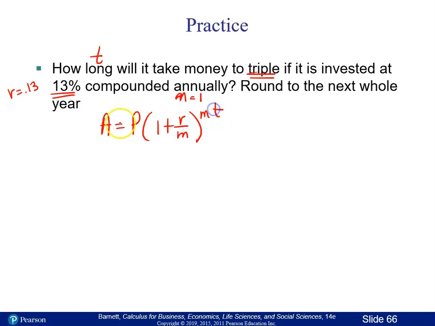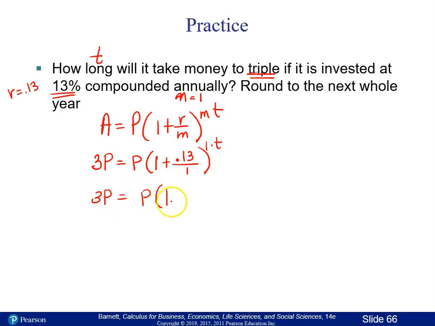And the amount, this time we want it to triple, so that's going to be 3 times what we start with, which is the original P. The rate is 0.13 over 1, and then to the 1 times t. So we're just going to clean this up a little bit, divide away those P's so they're out of the way for us.